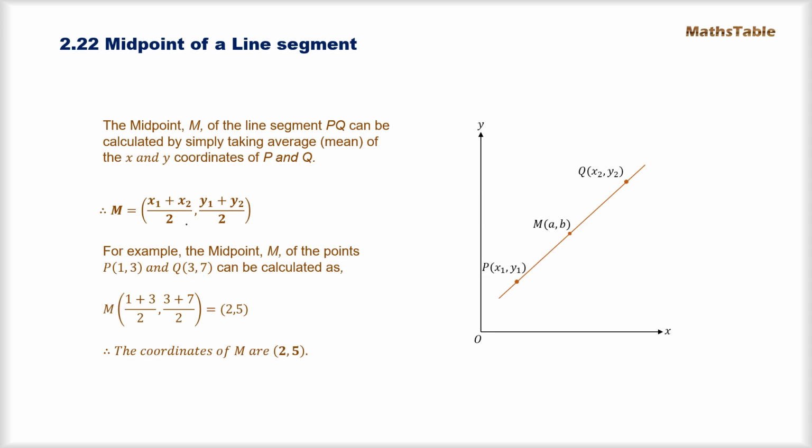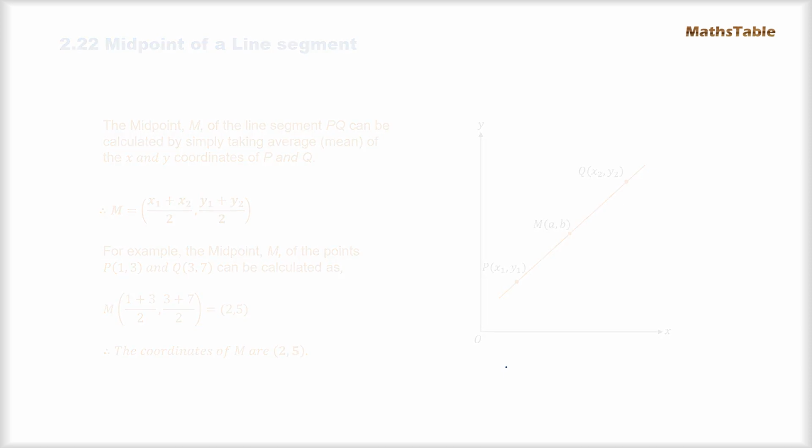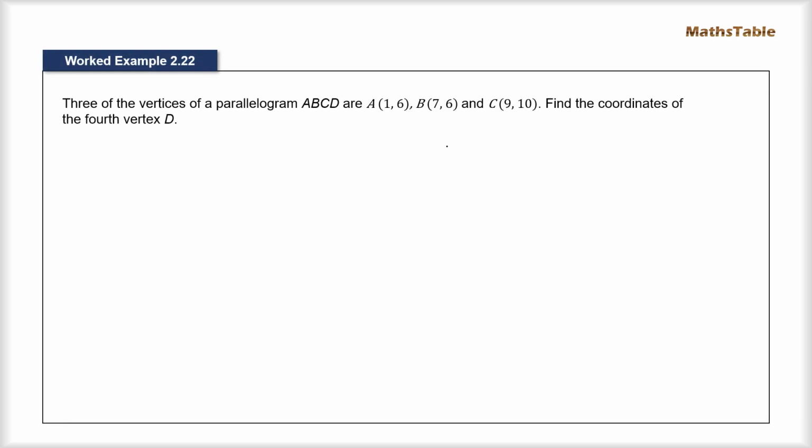Now we can apply this formula and put these values in it, and hence we can get the final coordinates of the midpoint M, which comes out to be 2 and 5. So this is how we can use the midpoint formula to find out the coordinates of the point which lies exactly in the middle between any 2 points on a straight line.